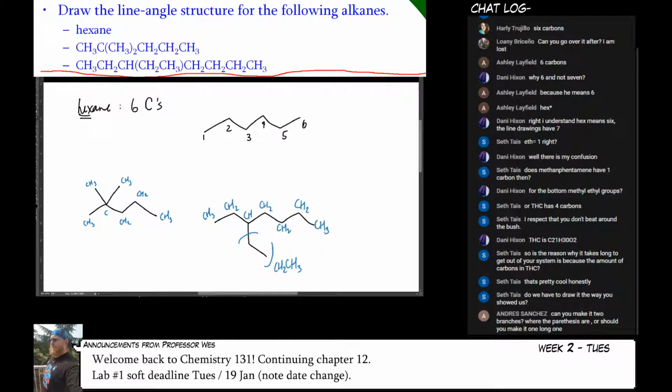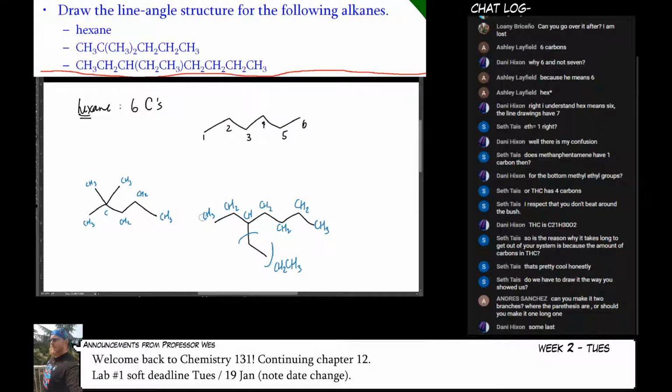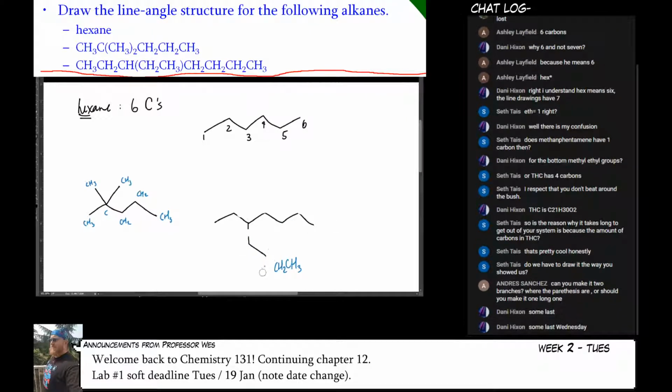So let me go over those questions one at a time. Let me clear what I've written in blue here, because there are some good questions coming up, and I want to make sure that I address this. Because we have to make the molecule as shown in some capacity.